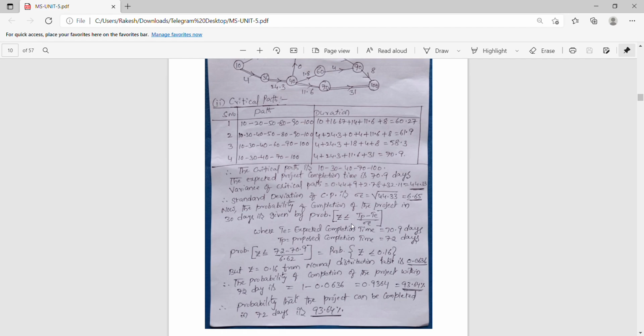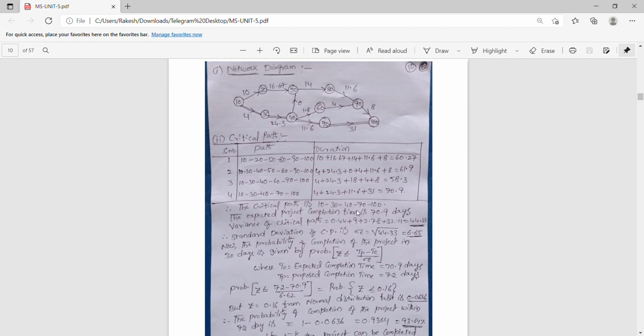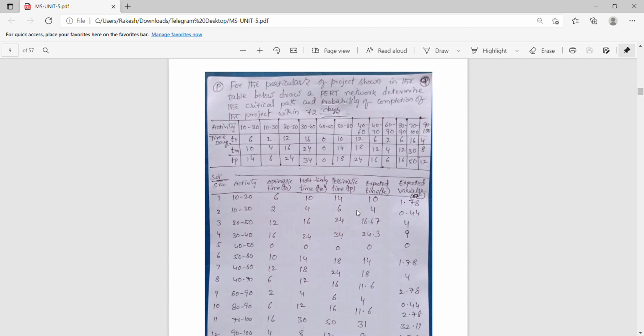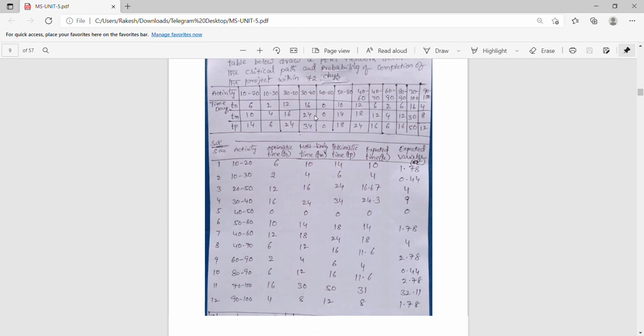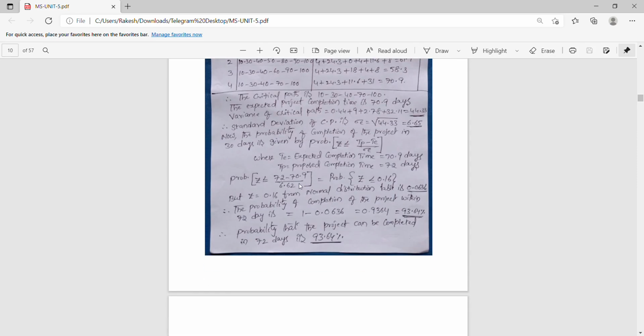They asked in the question that it should be completed in 72 days. So you can substitute in the formula: Z is less than or equals to 72 minus Te, the expected time. We got the total expected time as 70.9 days, divided by sigma. Sigma we got as 6.65 here.